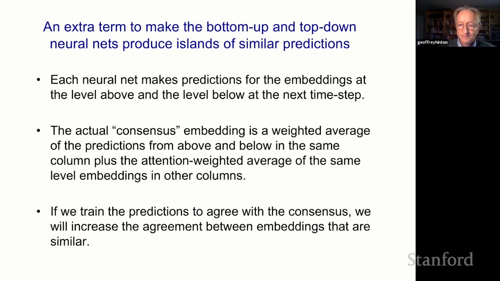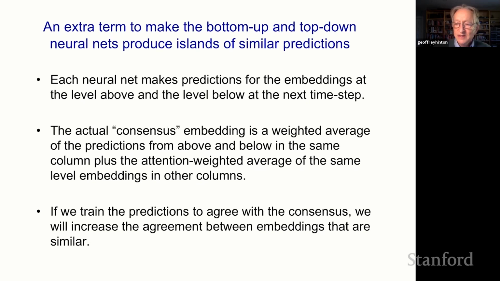And I think you can see that if we try and make the bottom-up neural net and the top-down neural net make their predictions agree with the consensus, the consensus has folded in information from nearby locations that already roughly agree because of the attention weighting.